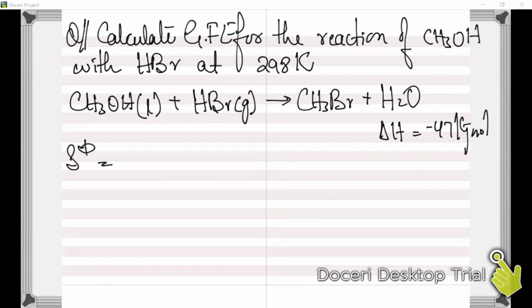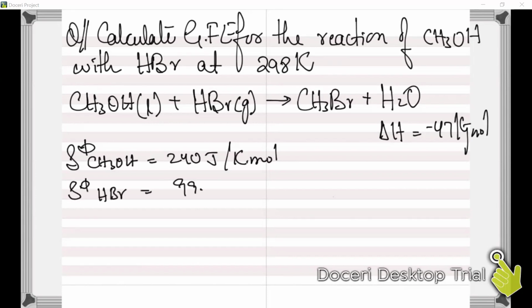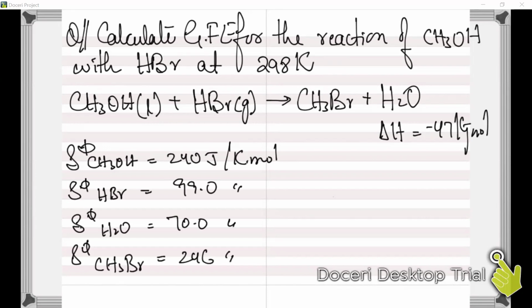Entropy for methanol would be 240. Entropy for HBr would be 99.0. Entropy for H2O would be 70.0. Entropy for methyl bromide would be 246.